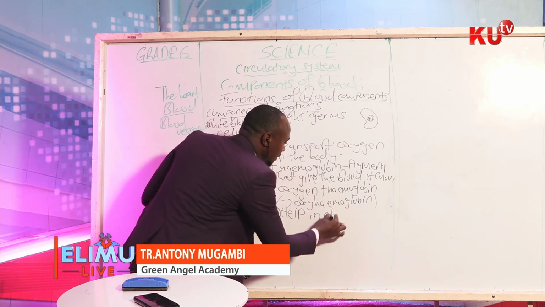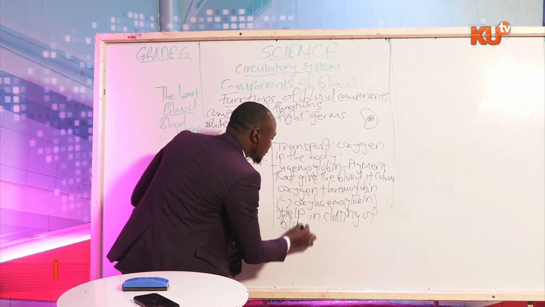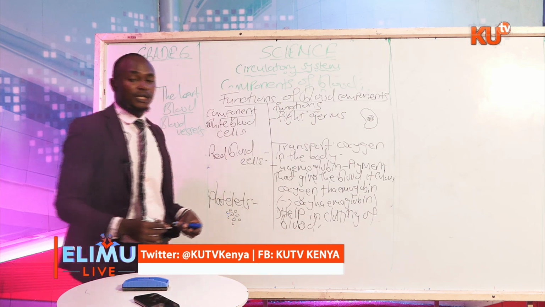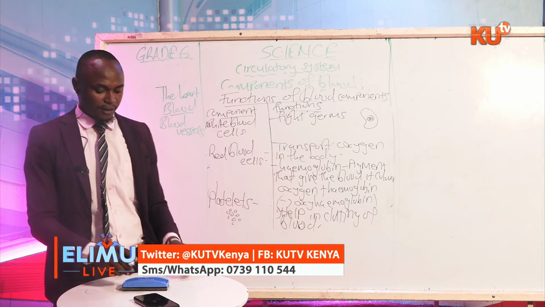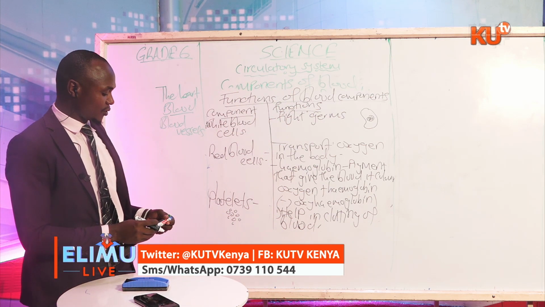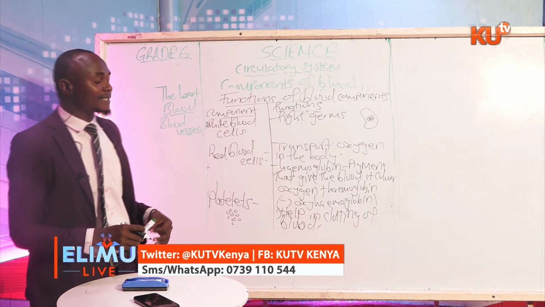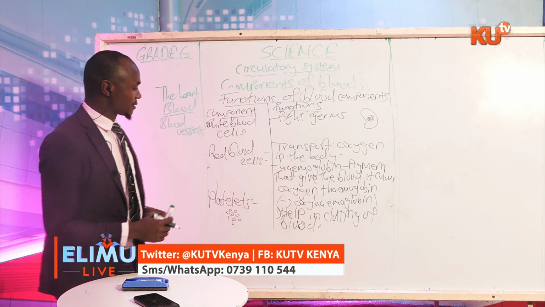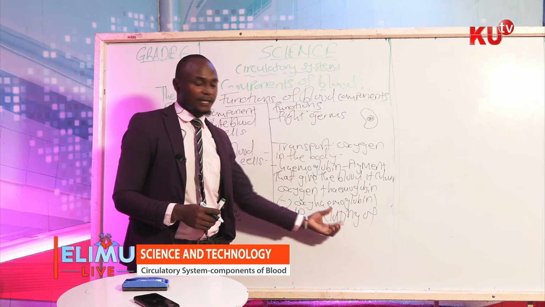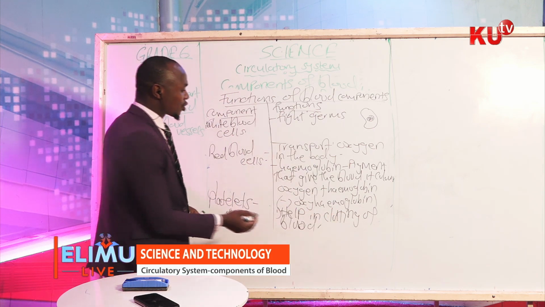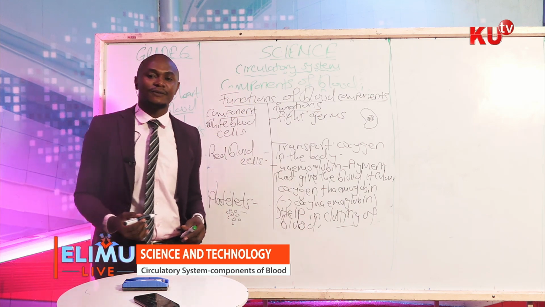When we talk about clotting, in case you have an injury or you have cut yourself, after the bleeding, at some point that bleeding stops. It stops due to the clotting. That clotting of the blood is caused by the platelets, therefore preventing excessive bleeding.